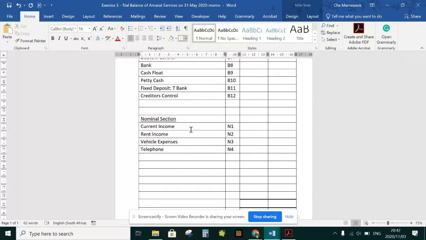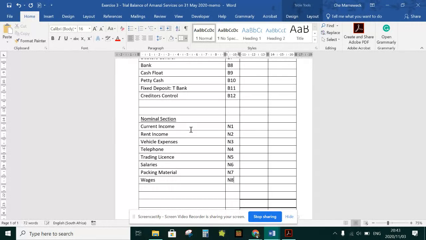Then trading license N5. Then salaries N6. We have packing material N7.